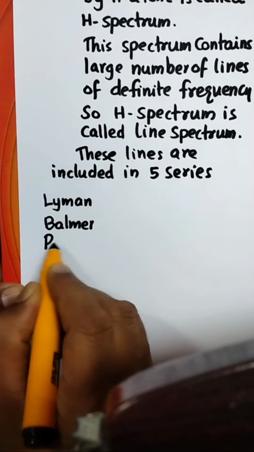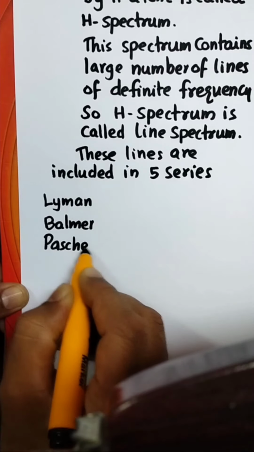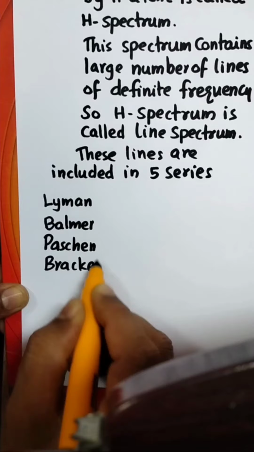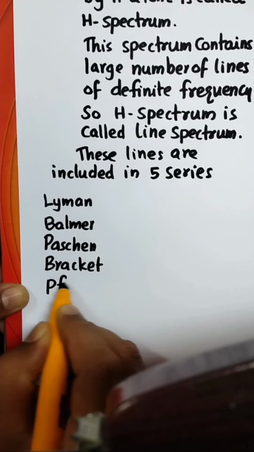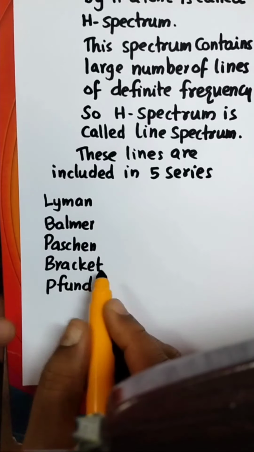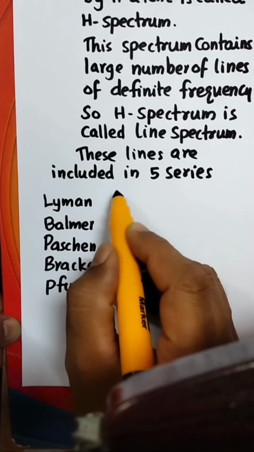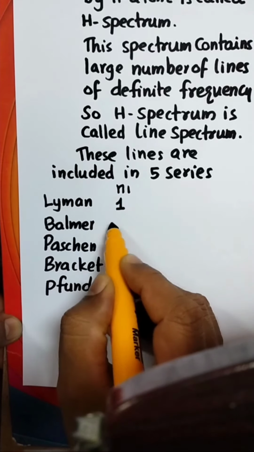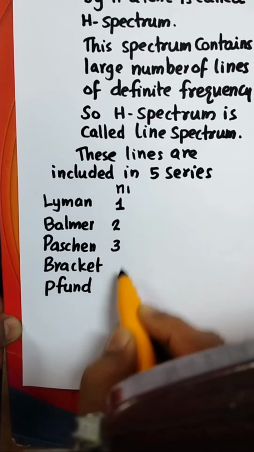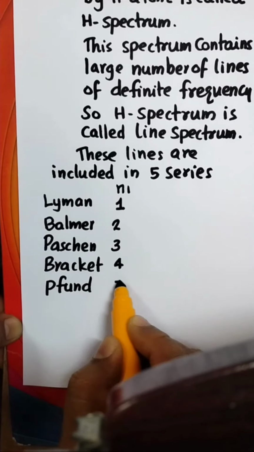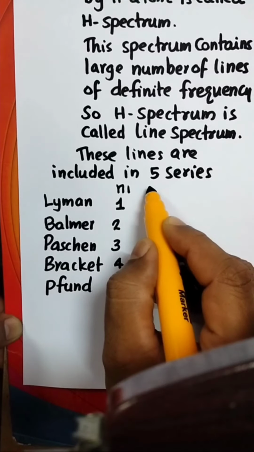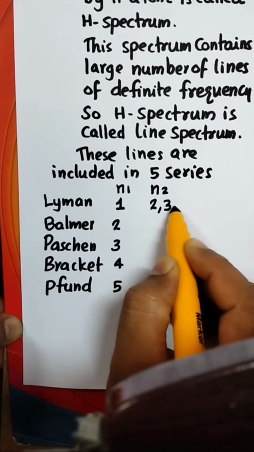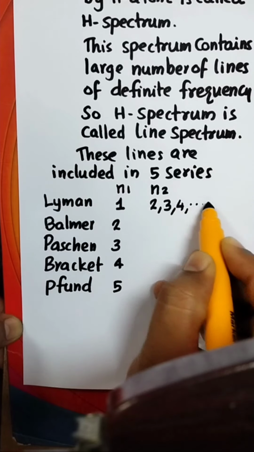Third series, Paschen series. Fourth series, Brackett series. And fifth series, Pfund series. There are 5 series. Here n1 is equal to 1, here 2, here 3, here 4, here 5. In Lyman series, n2 equals 2, 3, 4, etc.